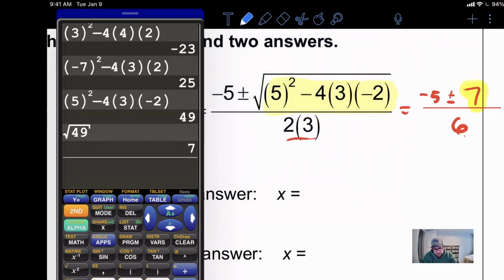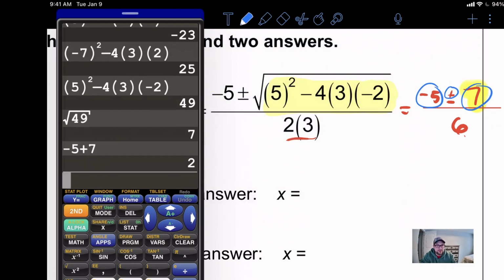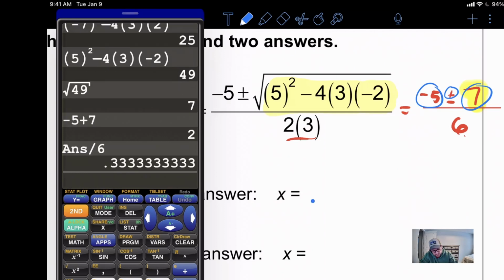So now we're just going to do our two problems. We're going to do negative 5 plus 7 divided by 6. So negative 5 plus 7, hit enter first, and then divide that by 6. And we get 0.333, which we also know is, well, 2 divided by 6 would have also been 1/3, which is the same as that.